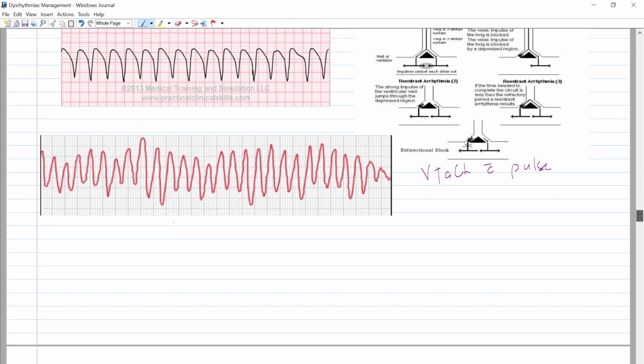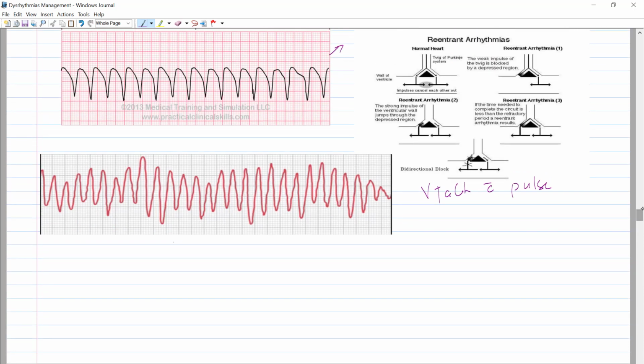I remember my patient had this VTAC with pulse that I had to cardiovert. Okay? But of course, ideally, you want to start with giving medication first. So what medication to give? Again, amiodarone, same dose. You can give the bolus and then you can give the IV infusion. If it doesn't work, start lidocaine.